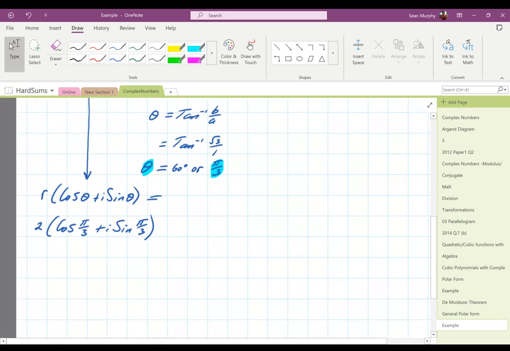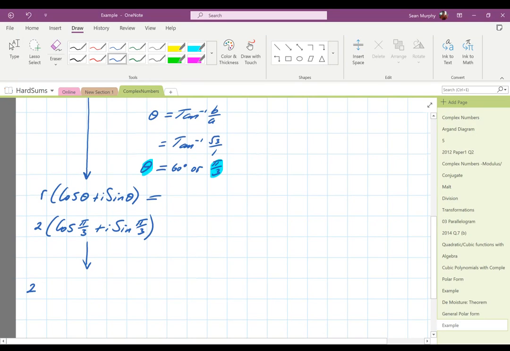So you do it in stages. Now it becomes 2 times the cos. Well, for general polar form, you put 2n pi in front, as we saw on the last page. So 2n pi, maybe make a square bracket to make it more legible, plus pi over 3, plus i sine, 2n pi plus pi over 3.